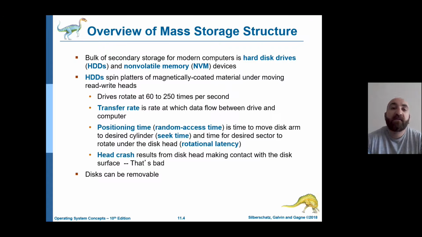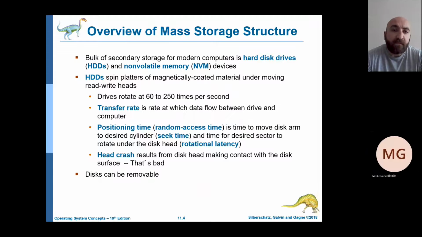Another performance aspect, the positioning time or random access time, consists of two parts: the time necessary to move the disk arm to the desired cylinder, called the seek time, and the time necessary for the desired sector to rotate to the disk head, called the rotational latency.